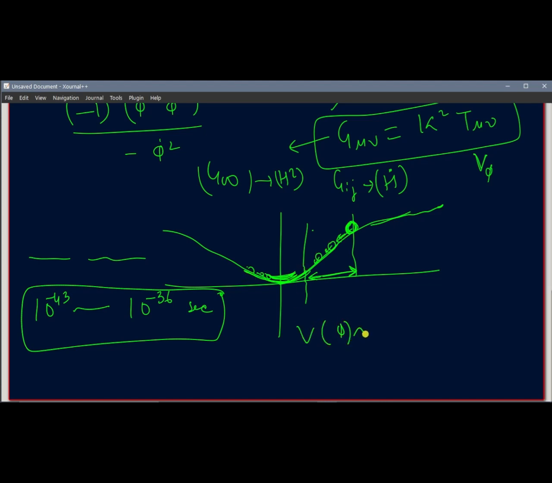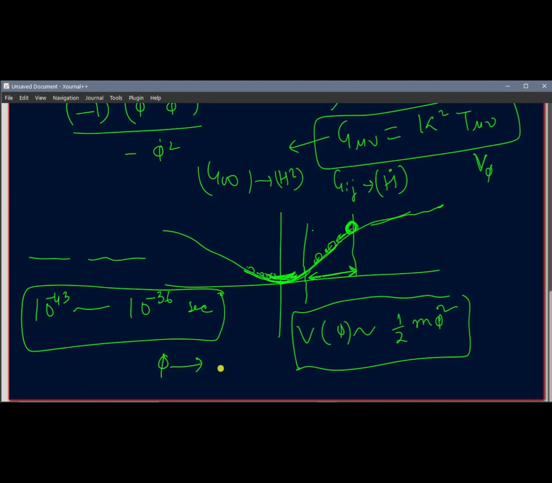Therefore we are assuming that this potential has a structure of m squared phi squared. It has to be a self potential, and this potential is responsible for inflation. When this field oscillates, the oscillation produces particles, and this production of particles gives you the radiation dominated universe.